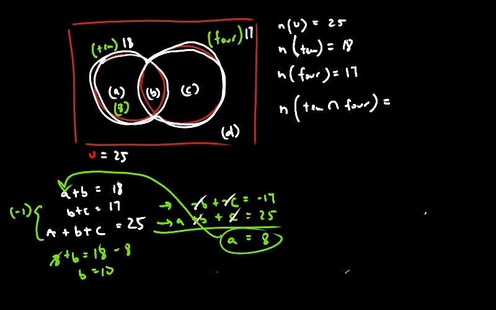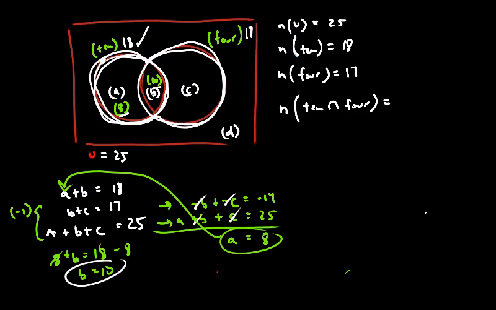Now we're really making progress. Let's plug it in up here. We said before that A and B put together were supposed to come out to 18. Do they? Yes, they do. 8 plus 10 is 18.